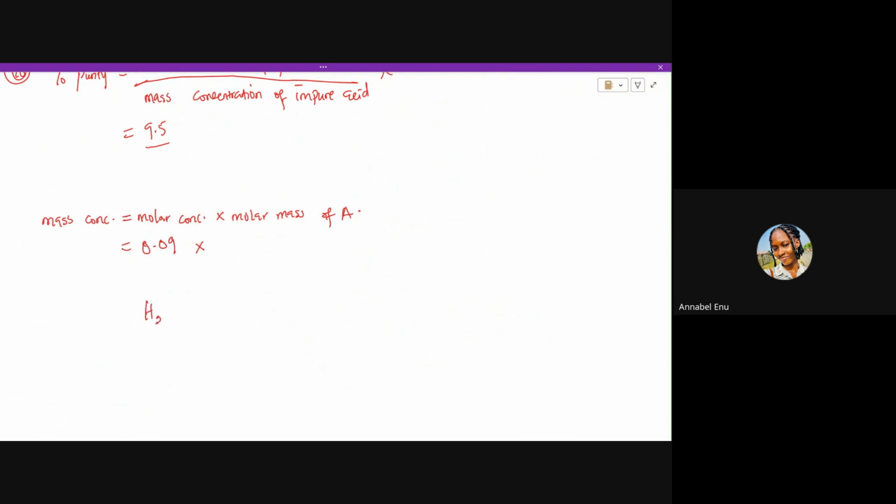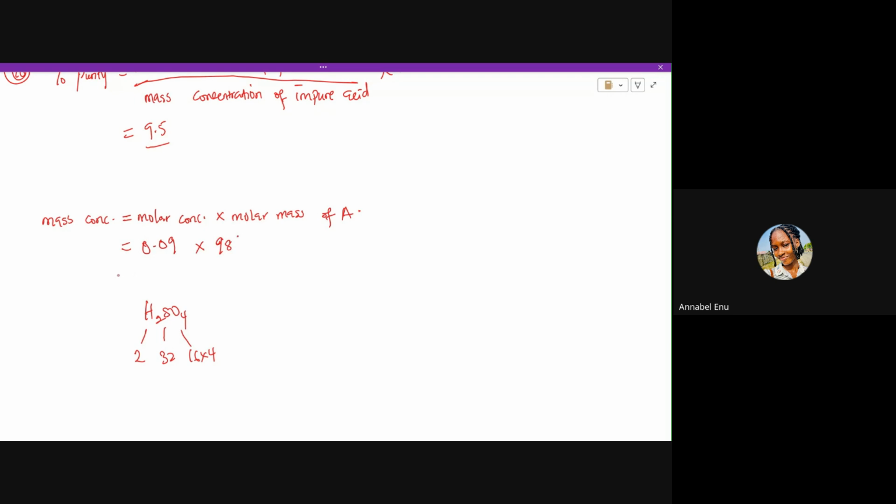The acid is H2SO4. Molar mass is 2 hydrogen plus sulfur is 32 plus oxygen is 16 times 4. So what will be the molar mass? 16 times 4 is 64, plus 32 plus 2. That is 98. So our molar mass will be 98.